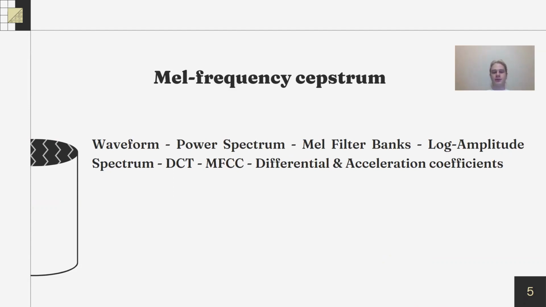Before that, we divide it into separate frames. After that, we use Mel filter banks, which tell us how much energy we have in different frequency regions. After that, we scale it to the logarithmic amplitude spectrum.